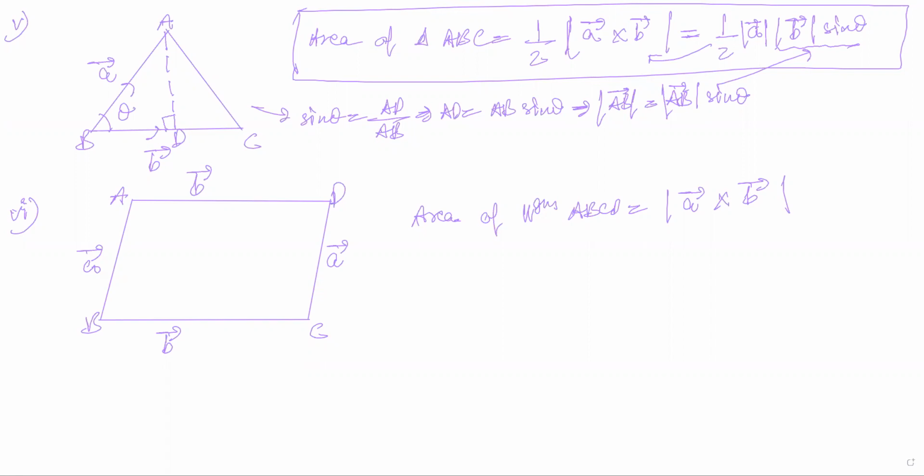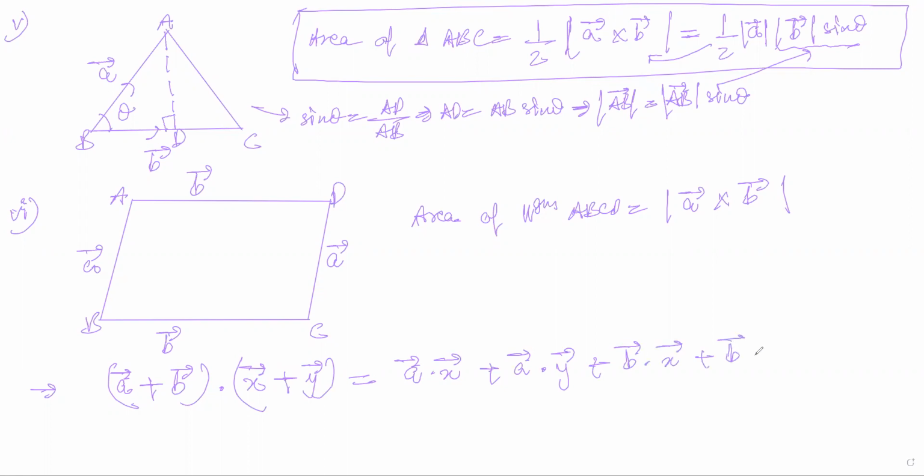Okay, one small thing. Yesterday we studied that if we have vectors A plus B, and we are taking a dot product with another vector X plus Y, we take A dot X first, plus A dot Y, plus B dot X, plus B dot Y. The similar way will happen when we cross multiply two vectors.